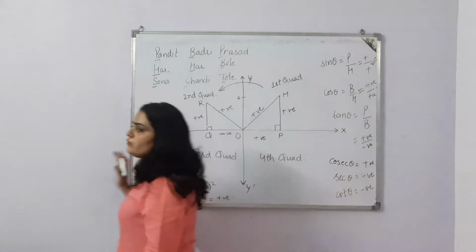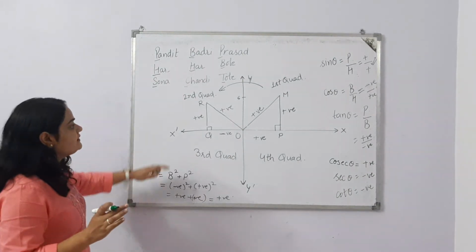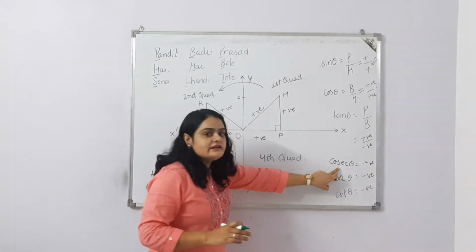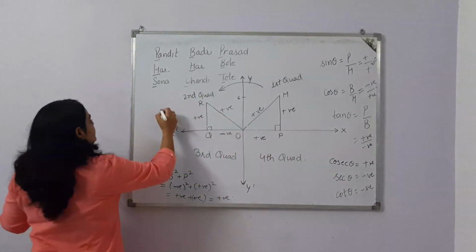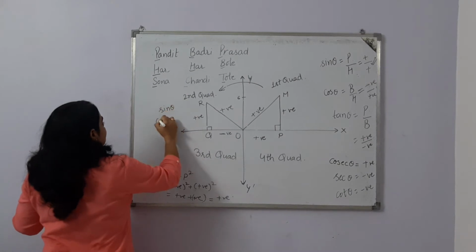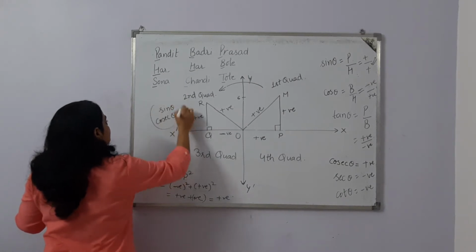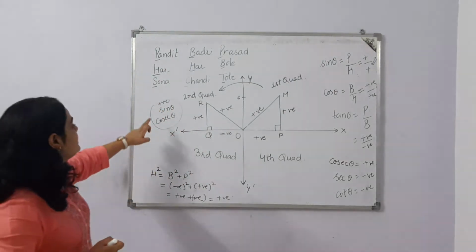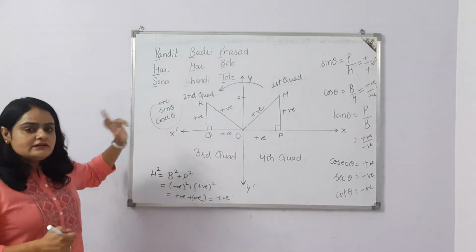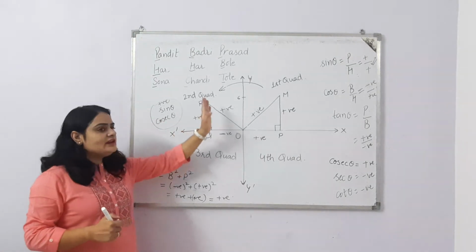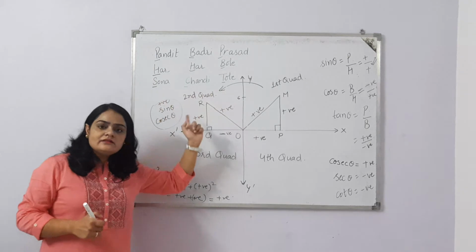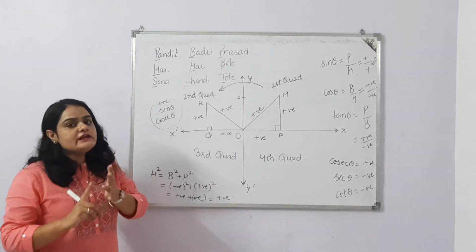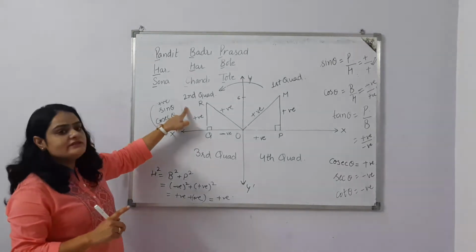So in the second quadrant, sine and cosecant theta, its reciprocal, are both positive. The rest of the trigonometric ratios, cos, secant, tangent and cotangent, will be negative in the second quadrant.